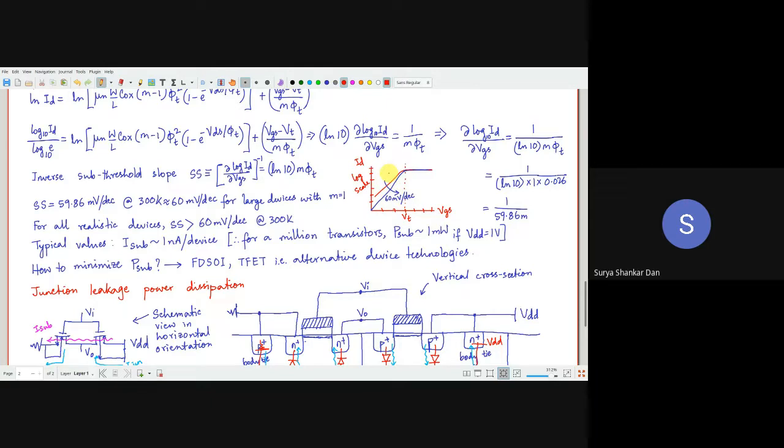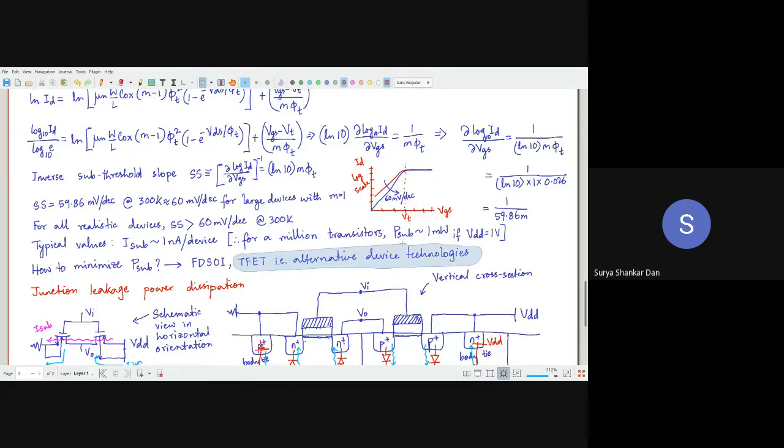And the way to reduce the subthreshold slope is not with circuit designers. You have to go for alternative device technologies. The one alternative device technology that is ruling the world right now in place of MOSFET is FDSOI or FinFETs. FDSOI, meaning FinFETs, so I should write this here.